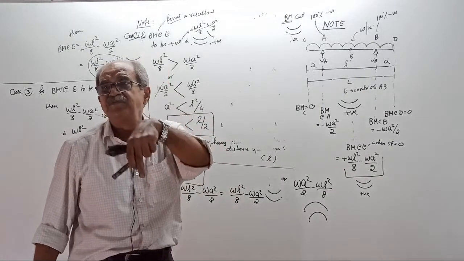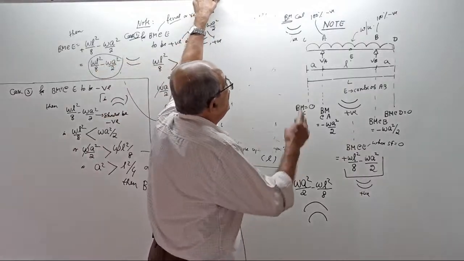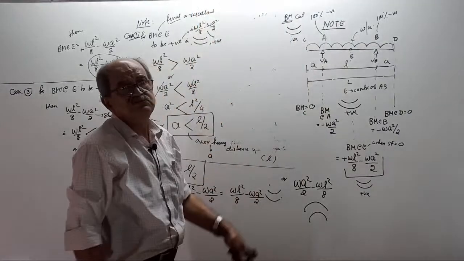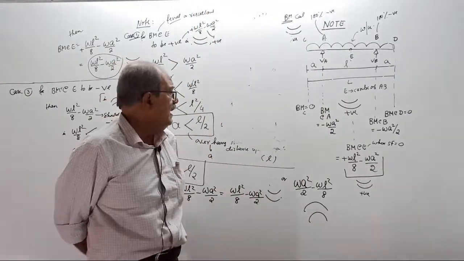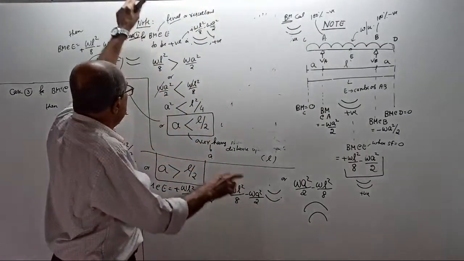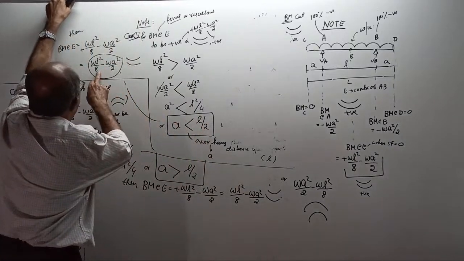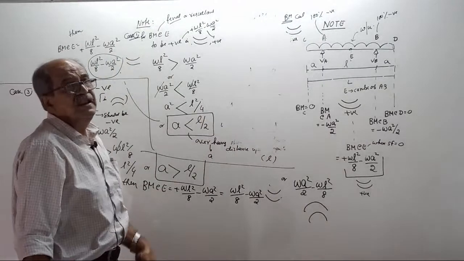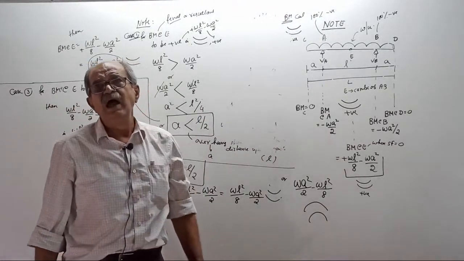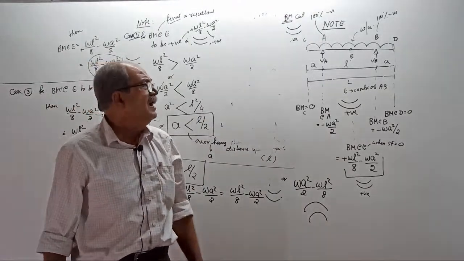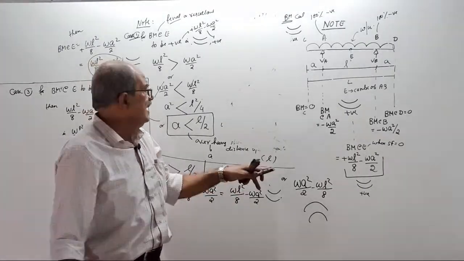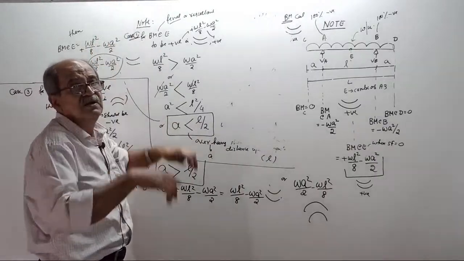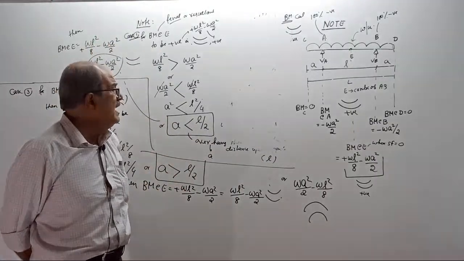Then he will ask, if A is less than L by 2, what will happen? I will say bending moment is WL square by 8 minus WA square by 2, sagging. Good. In case A equals L by 2, I will say 0. Good. Now lastly, in case A is more than L by 2, not equal, more, then what is the bending moment at E?